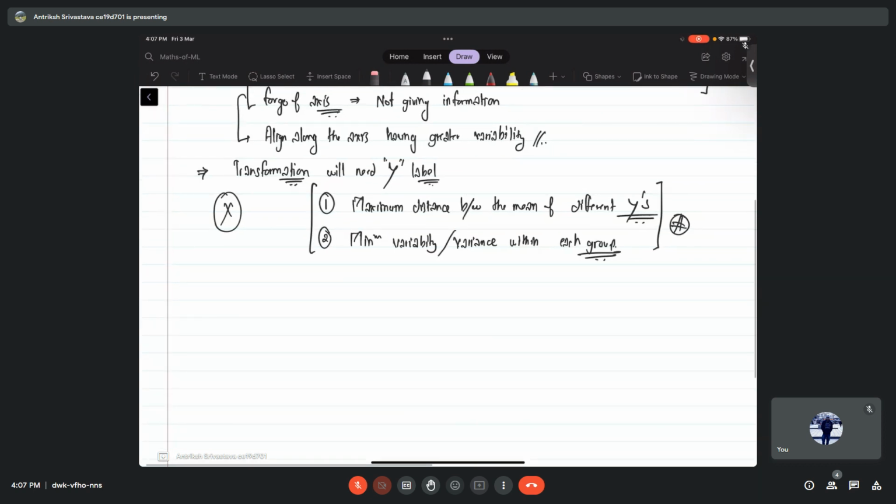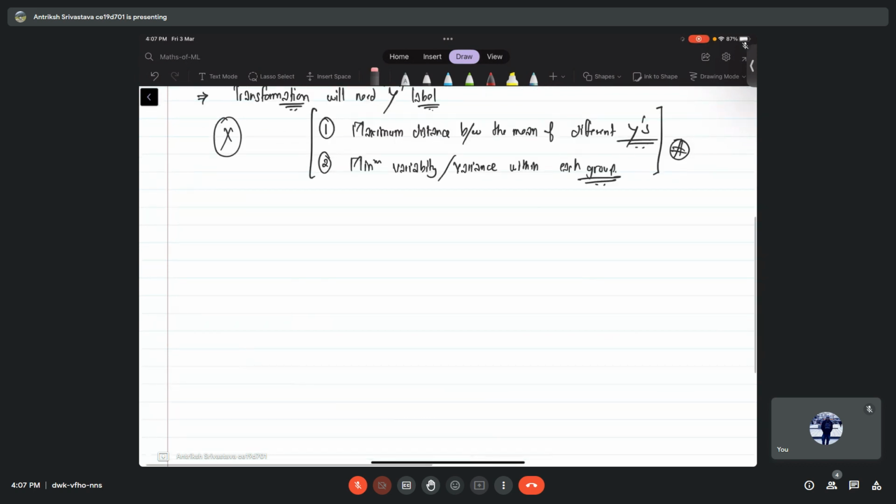So these two things are going to govern how we transform our data. Let me try to give you an example through a schematic diagram.